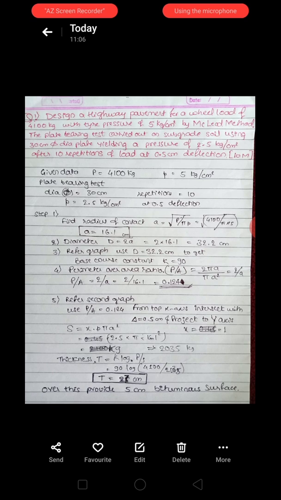So first step, as the radius of contact is not known, small a is equal to square root of P by pi into small p. So small a is 16.1 centimeter we are getting, that is radius. So we can easily calculate diameter, 2 times the radius, that is 32.2 centimeters. In the third step, using the diameter of the plate, we can go for the calculation of base course constant.